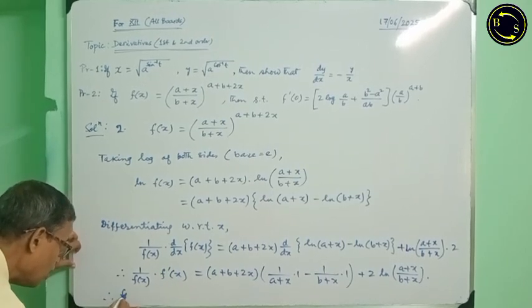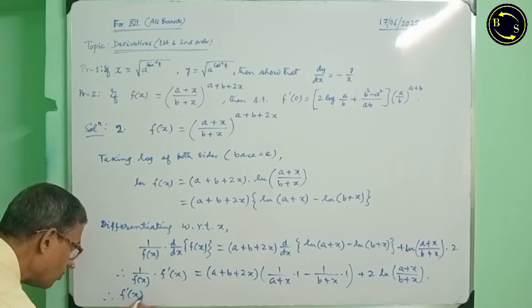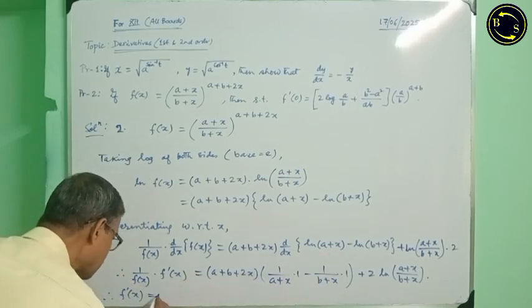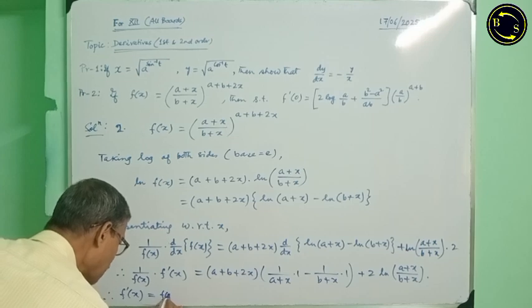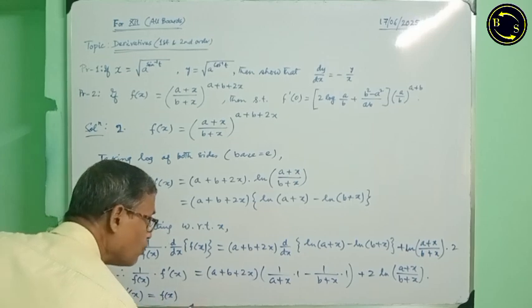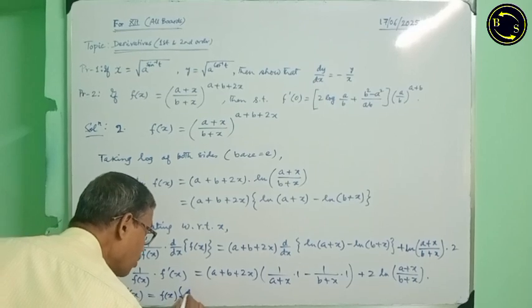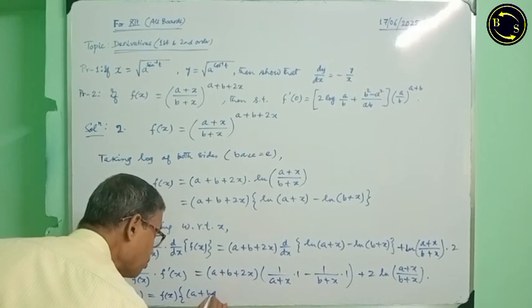Therefore, f dash x is equal to f(x) into this whole expression, f(x) into (a plus b plus 2x).